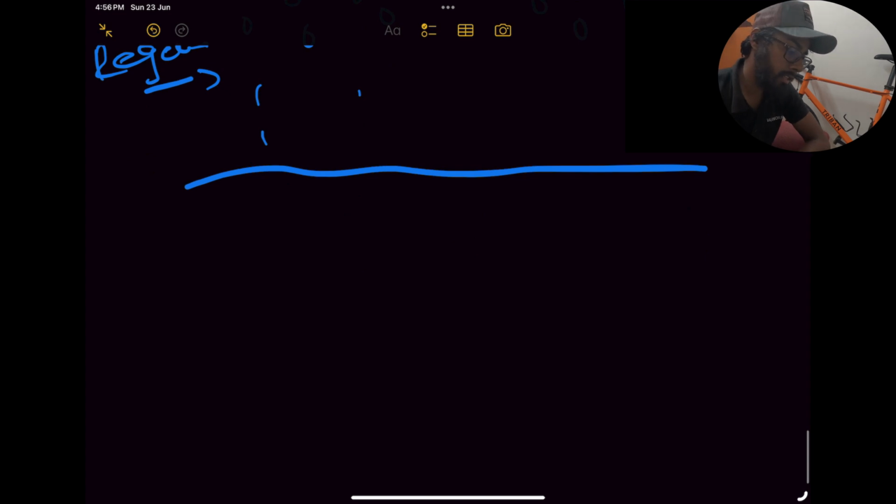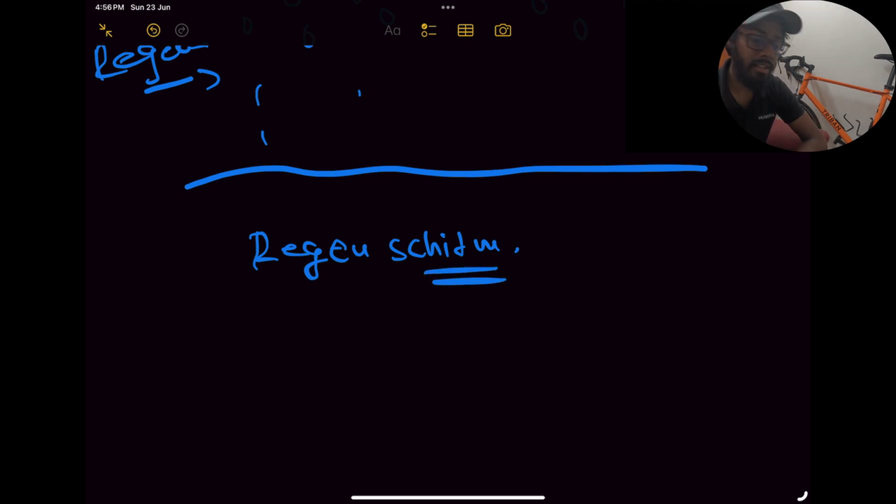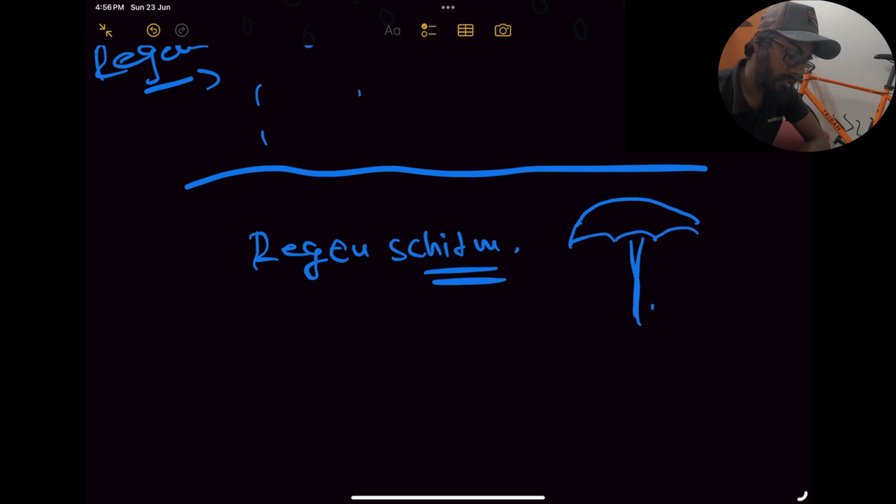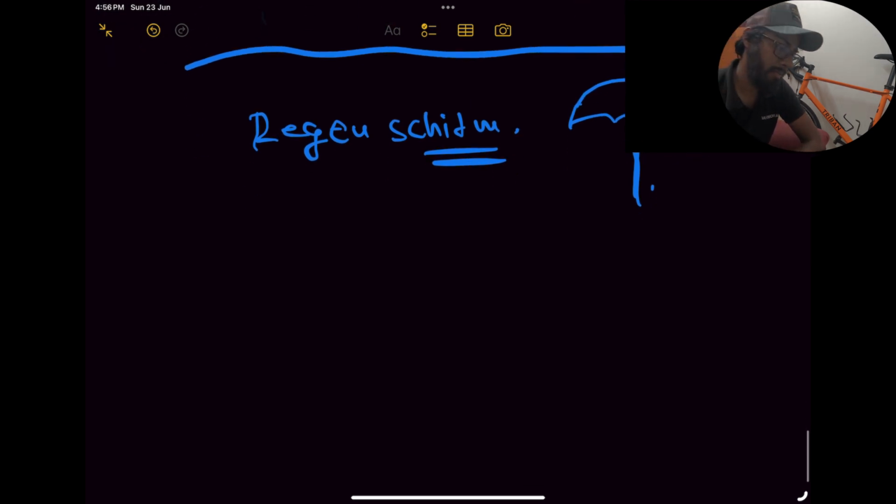And to protect from it, it's not a disaster, but still. Let's say if you are going to office or university and you have some appointment or something like that, you will use this thing, Regenschirm. So it looks like this. So this is your Regenschirm.